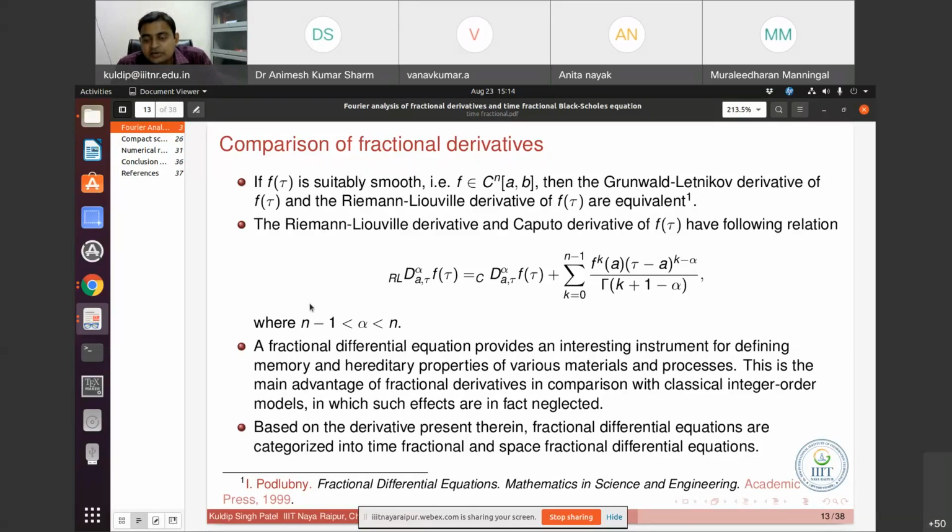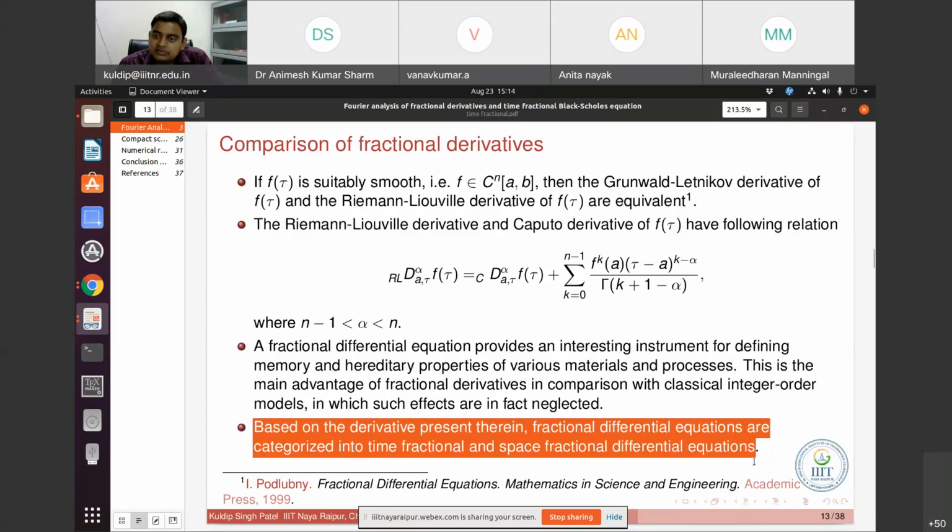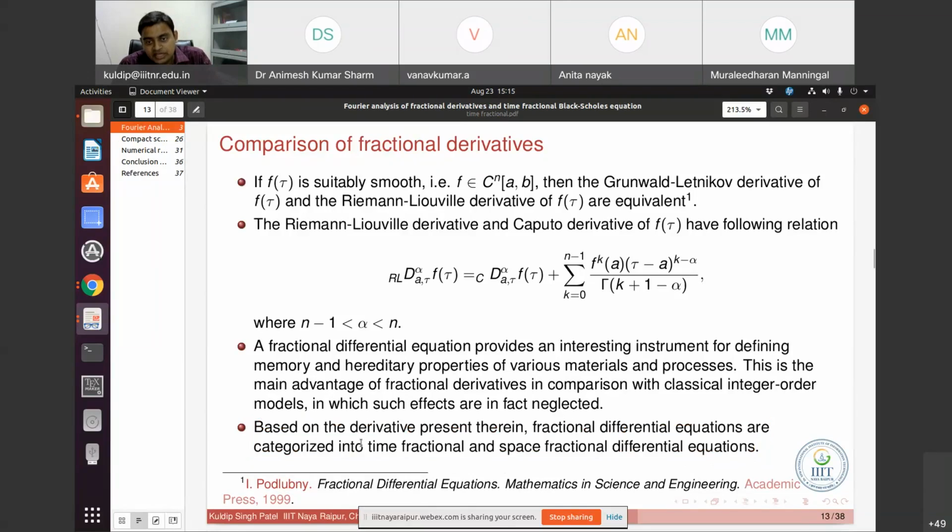Now the major question is: can we apply that scheme to these fractional differential equations? Based on the derivative present therein, fractional differential equations are categorized into two kinds: time fractional and space fractional. So the next question is, can we apply the compact scheme to both kinds of equations? This is important.